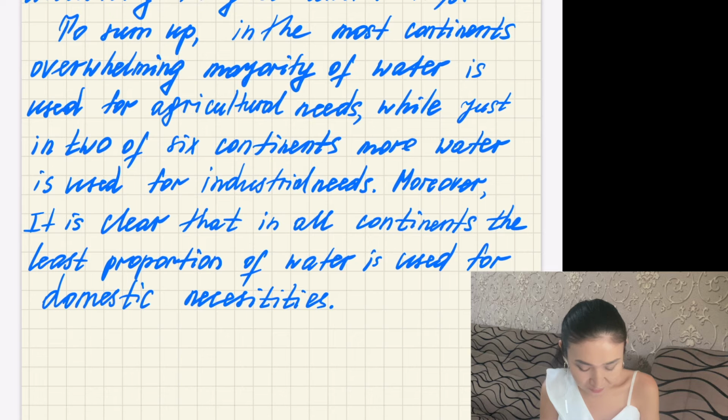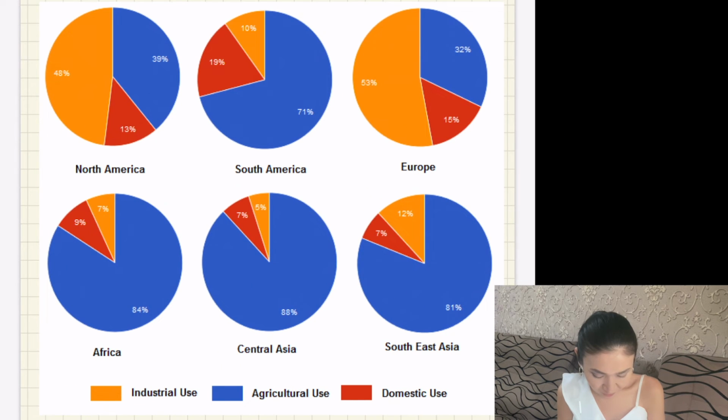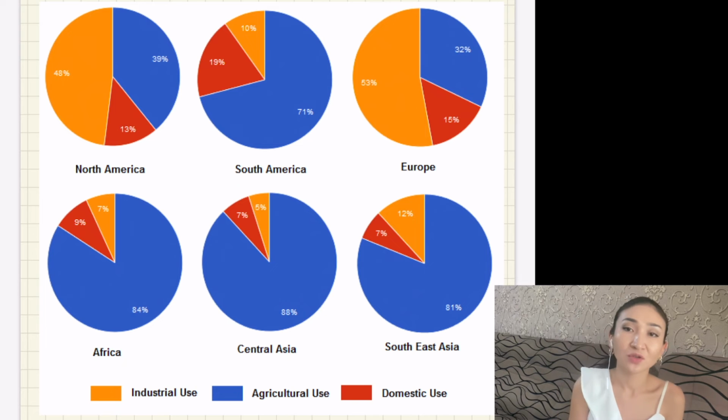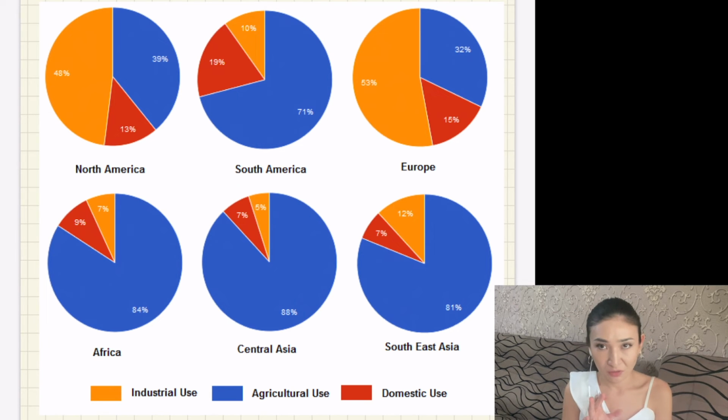while just in 2 of 6 continents, more water is used for industrial needs. As I mentioned before, this blue color is agricultural use, and you are supposed to use majority, because, as I said before, from the first sight, what you notice is this blue color, you see more blue color, which is agricultural use.